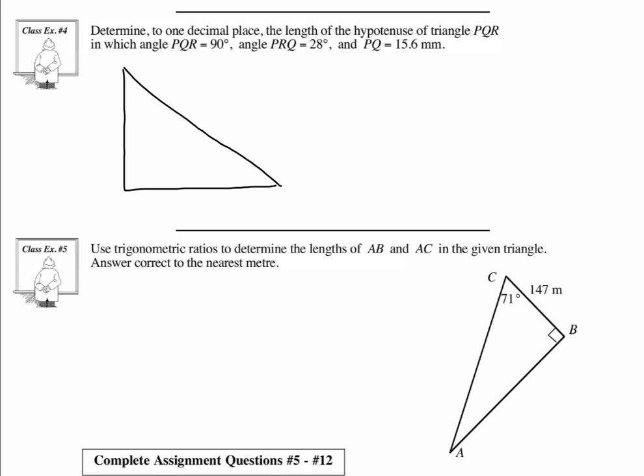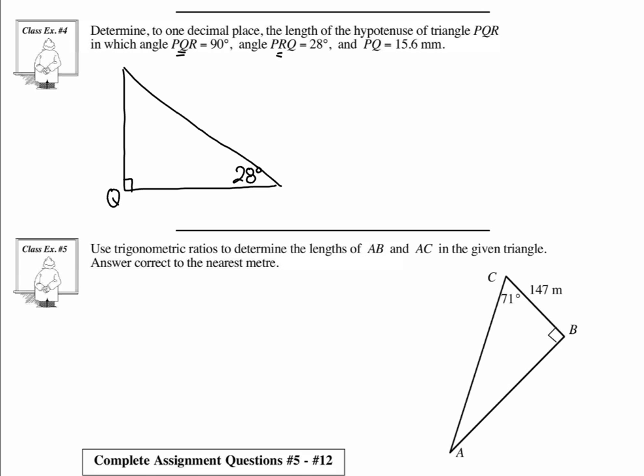Okay, triangle PQR in which angle PQR is 90. So that means really which angle is 90? Q. Okay? So when you're saying PQR, they're saying the angle from P to Q then to R. So really it's the inside one. The Q is 90, so that's going to be your angle.